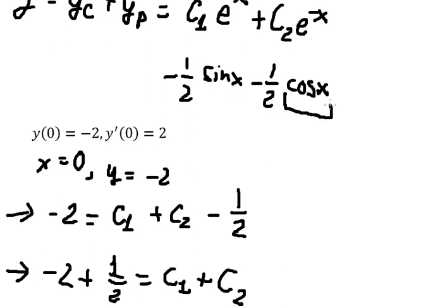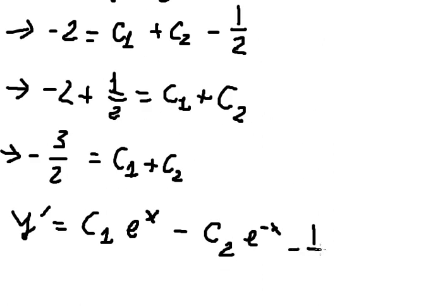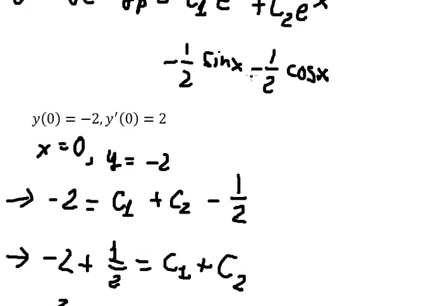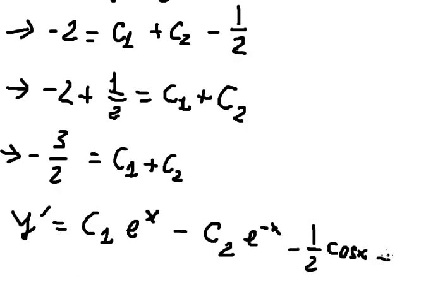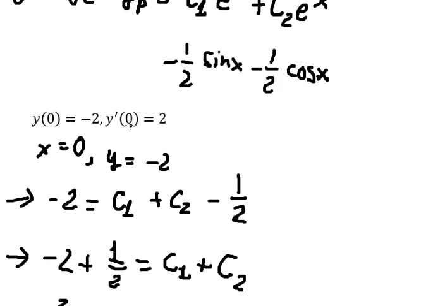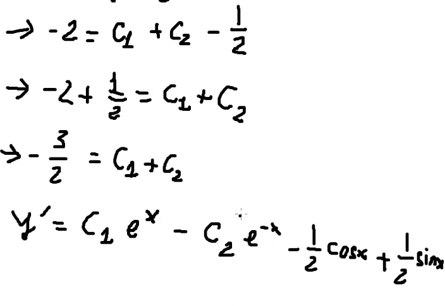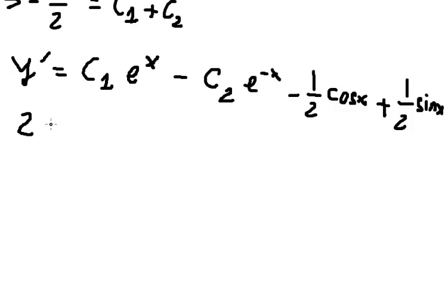This one is negative sine x. So negative and negative, we have positive. And now we put x equals 0 here and 2 here. So we have it like this.